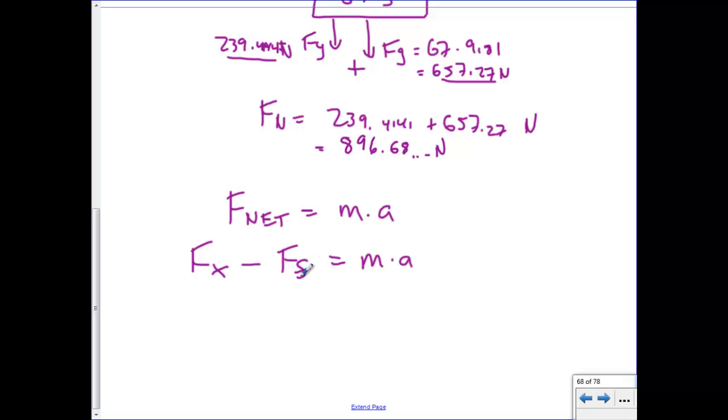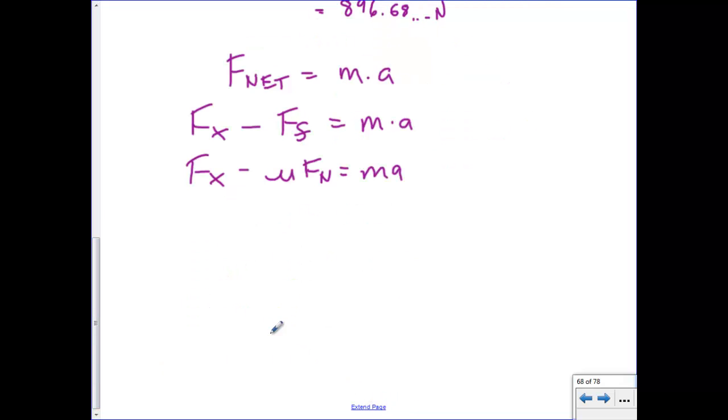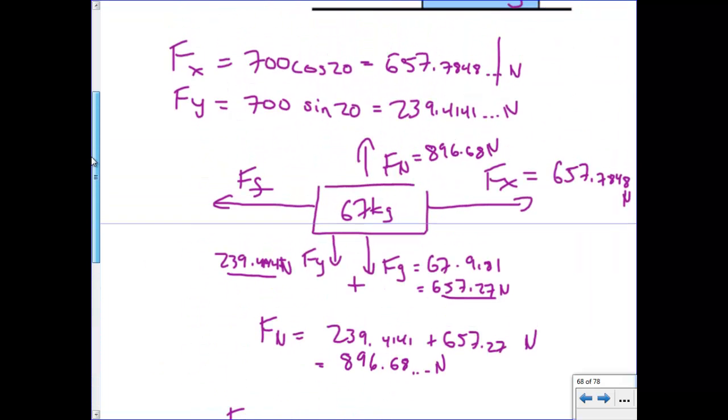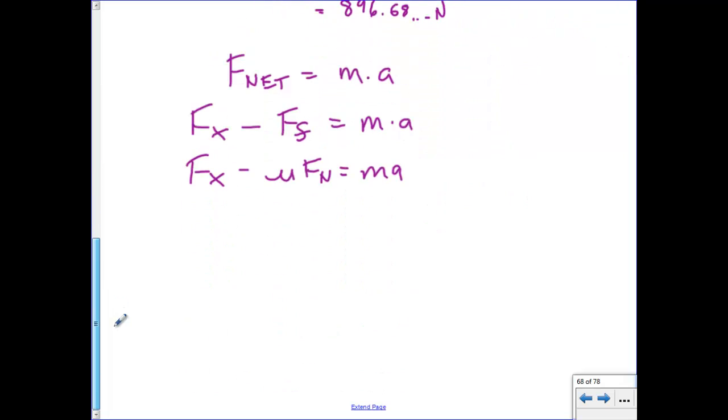How do I find friction, though? The new formula we just learned. Yeah, so to find friction, use mu times Fn. So let me throw in some numbers here. We know our x force going forward was 657.7848. The coefficient of friction I gave you, right?